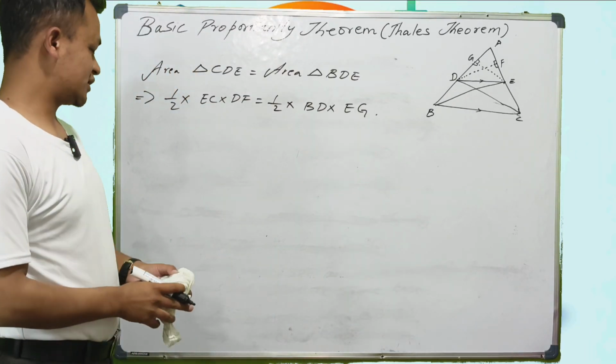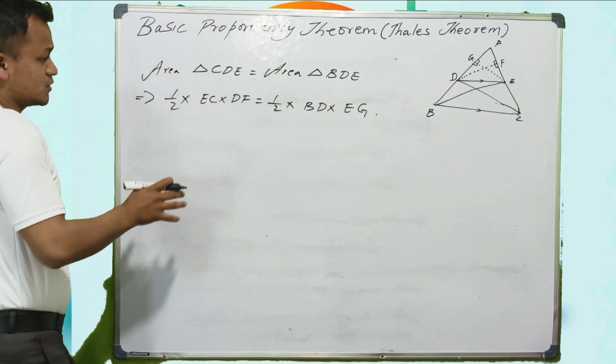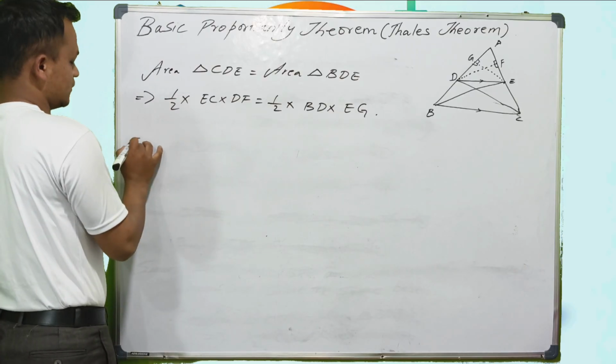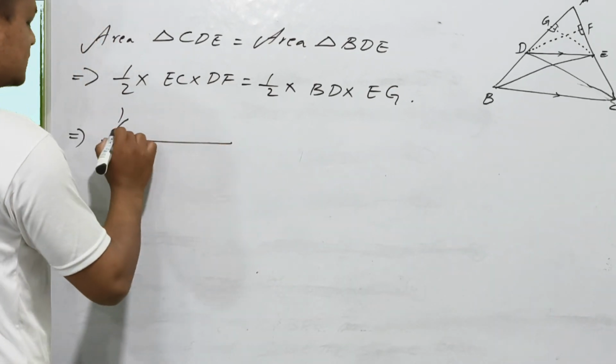Okay, so let's move on again from this line here. What we are going to do is divide both sides of this equation by the area of a triangle.